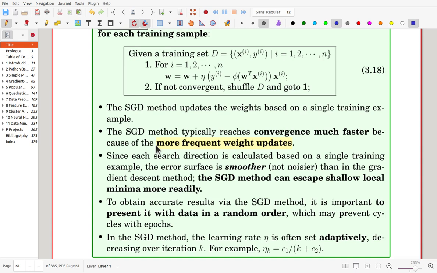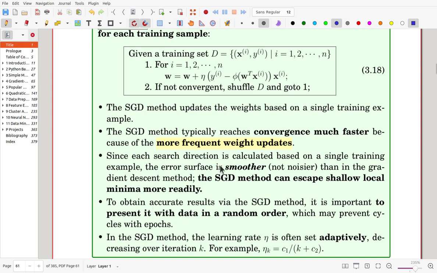In the original gradient descent method, the whole data set is used for one update. In SGD, we update the weight using each data point, so after finishing one epoch, the weight can be updated much better. So the convergence can be much faster.